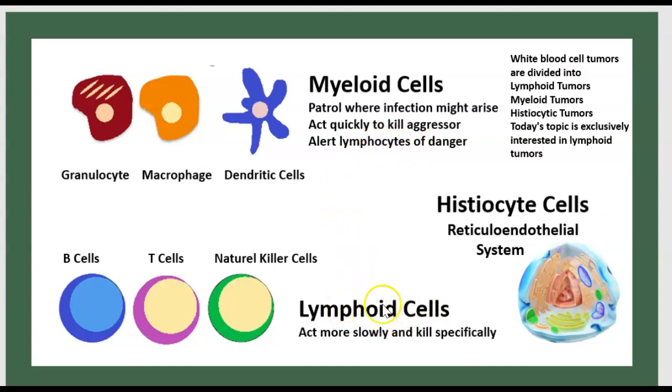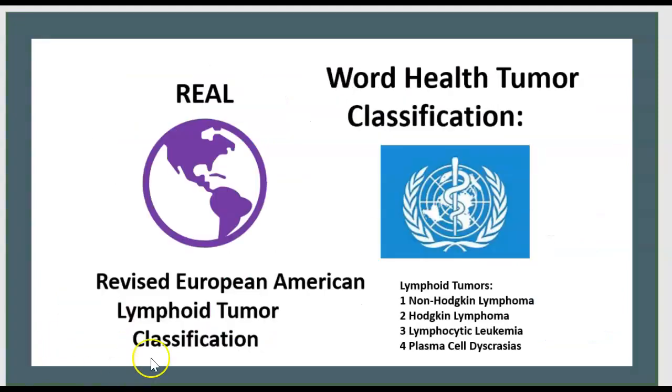Lymphoid cells, on the other hand, like B cells, T cells, or natural killer cells, act more slowly and kill specifically. The third category is histiocyte cells, which belong to the reticuloendothelial system. The old classification of lymphoma is based on REAL, which is the Revised European American Lymphoid tumor classification.